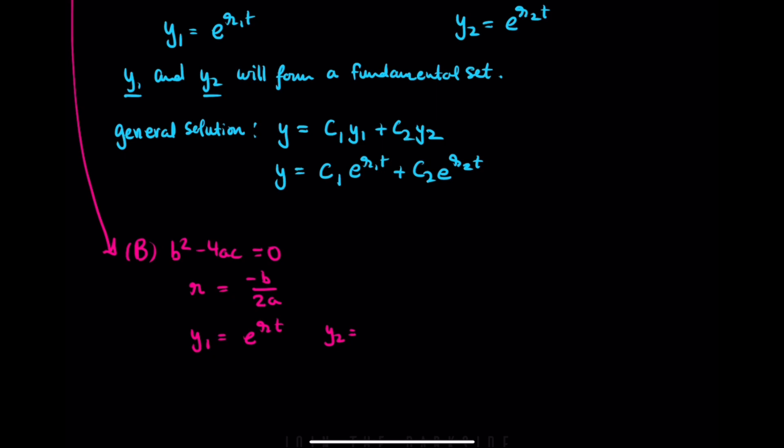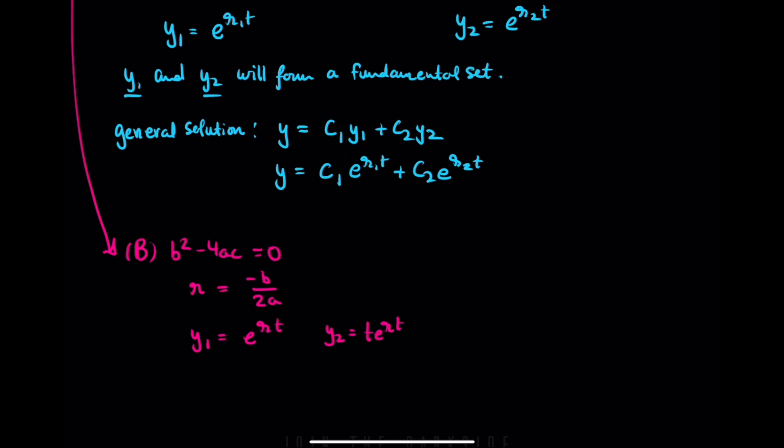So we have to guess and check and find a y2, and basically the y2 comes down to t e to the rt. The way to prove to you that these two form a fundamental set of solutions is by using the Wronskian.